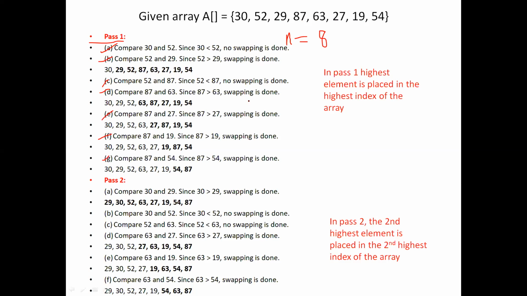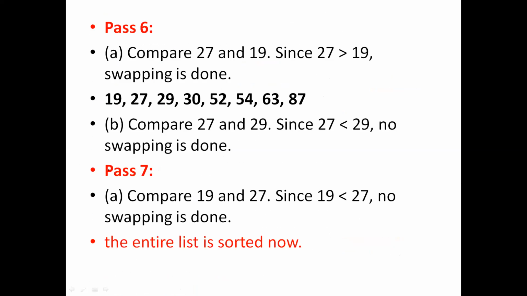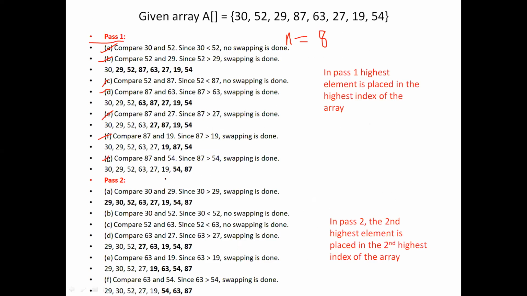So you have 7 steps in pass 1. How many passes will you have? 7, because n minus 1. So you compare 30 and 52. When you compare, no swapping is done.